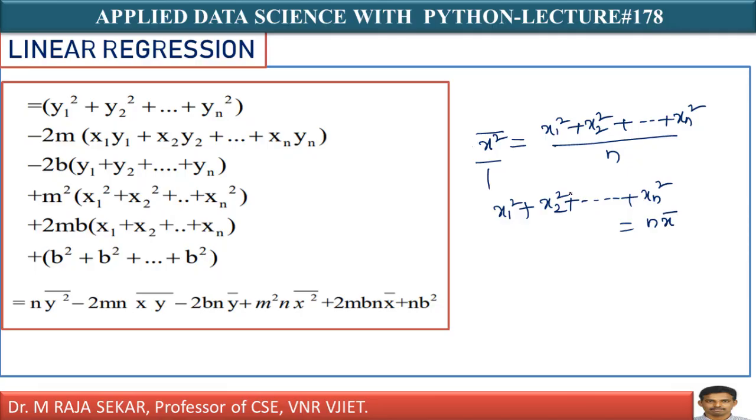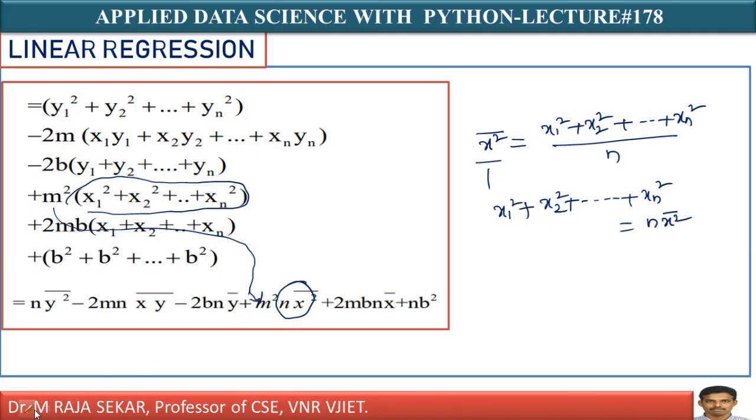Can I say like this? Therefore, in the place of x1 square plus x2 square plus xn square, I can write n into x square bar. That's what I am writing here. Is it correct? Yes, it's correct.